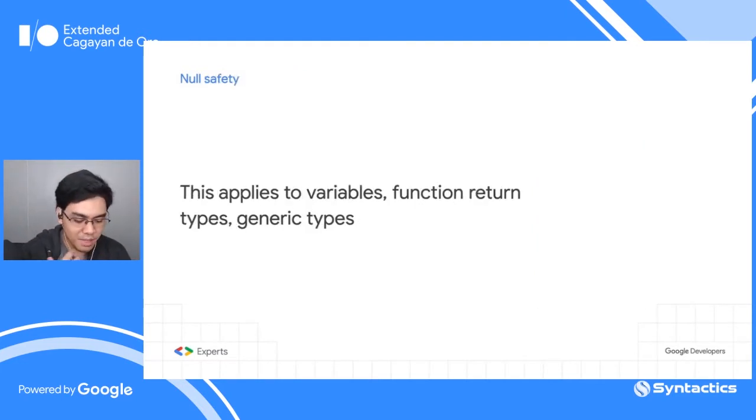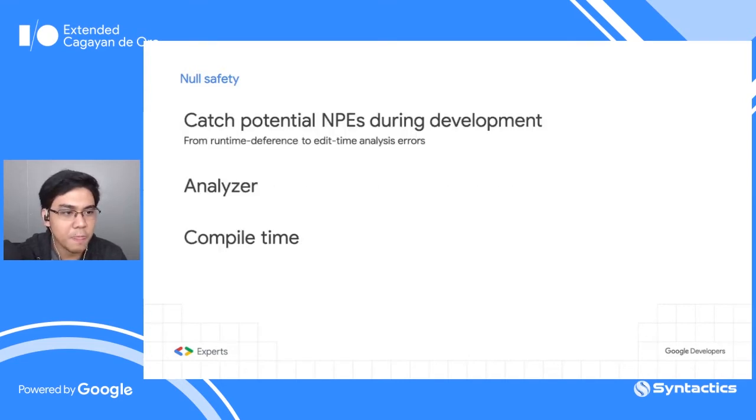And again, we've been talking about variables that can be null. Null pointers can also be applied to function returns, generic types, lists, you name it. It's not limited to the variables that we've instantiated in the code, but to other parts of the code as well.